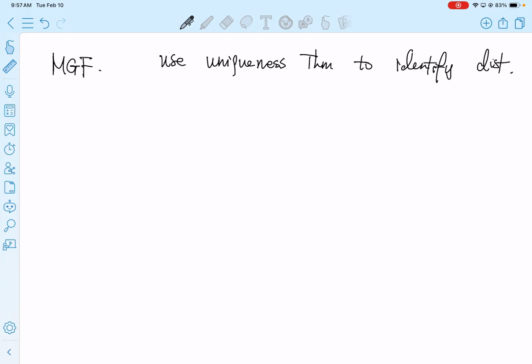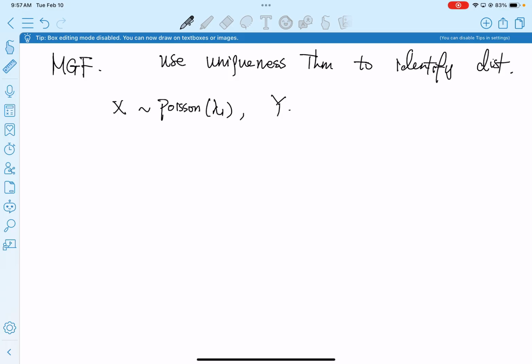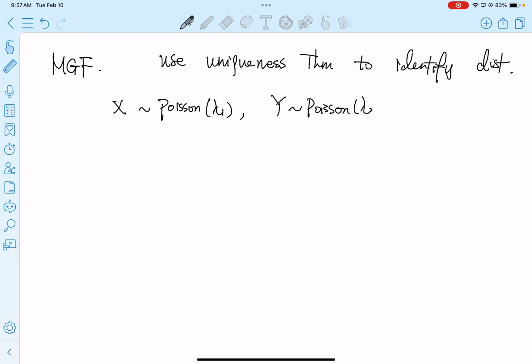Okay, so for example, here, let's denote a random variable X that follows a Poisson distribution with parameter lambda 1, and let Y be another random variable that follows another Poisson distribution with parameter lambda 2. And then we have the independence assumption.